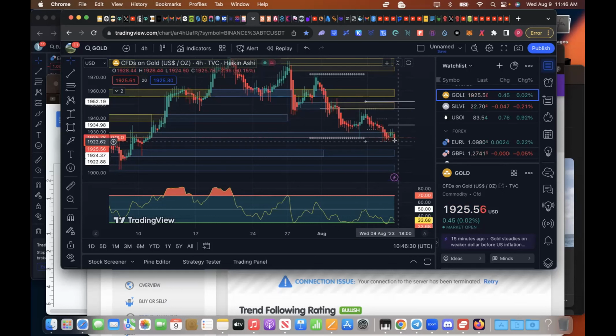So if you come down to 1922 or 1921, you may short the gold from 1920. You can short gold from 1920 to 1905. But if gold moves up again, it may go up to 1931 or 32, right?